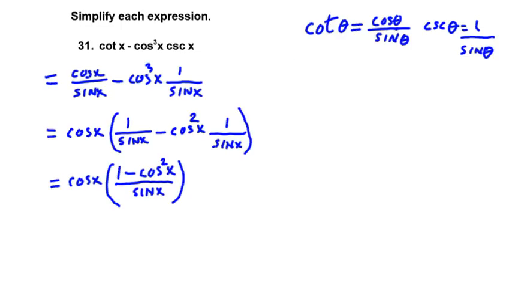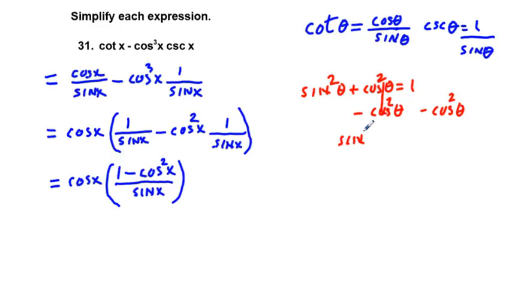And there's a Pythagorean identity, which is sine squared theta plus cosine squared theta is equal to 1. And if we subtract cosine squared theta from both sides of this identity, we have sine squared theta equals 1 minus cosine squared theta.